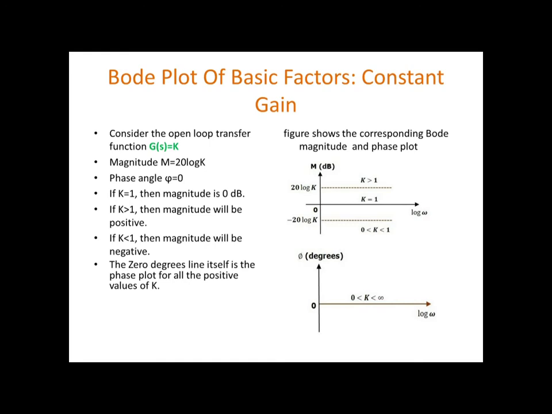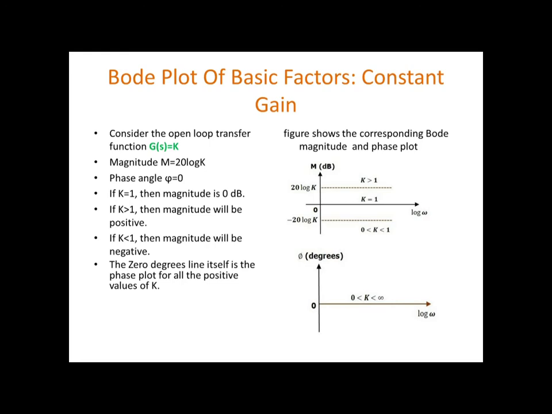So, let us consider the third case, in which K is greater than 0 but less than 1. In this case, we will get the magnitude as a negative constant and the angle remains the same, that is again 0 degree.